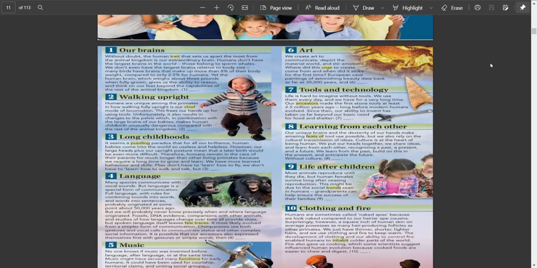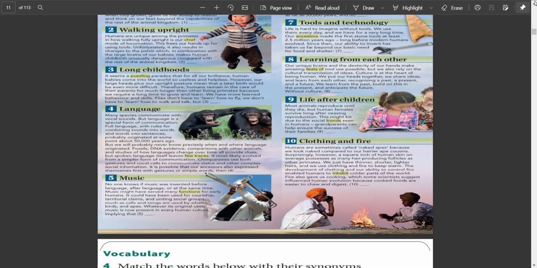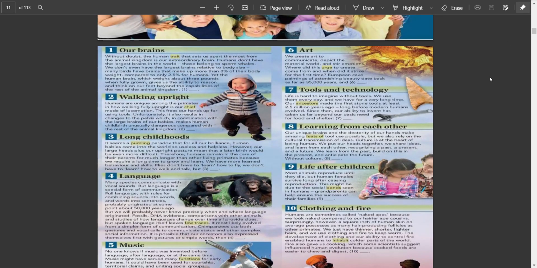Let's take the first one, our brains, الدماغ. That was number one, and then we have walking upright, right? And then we have long childhoods, and then number 4 language, and number 5 music, and also we have arts, which is fun.